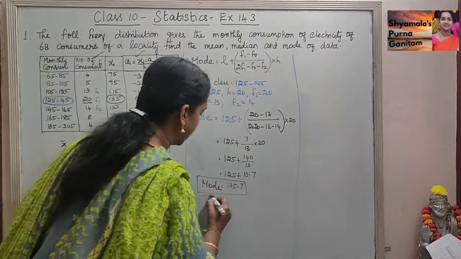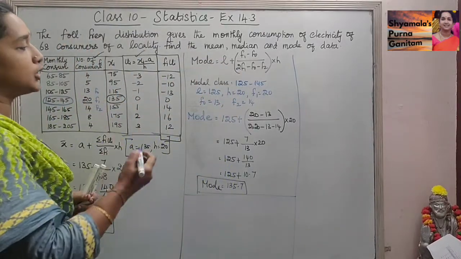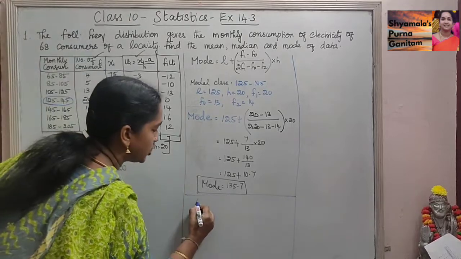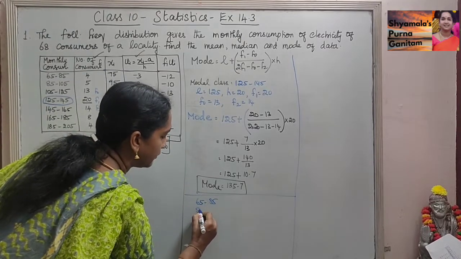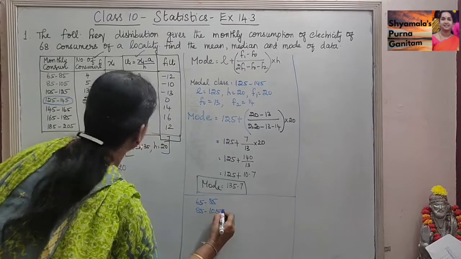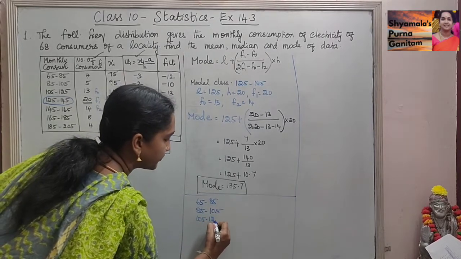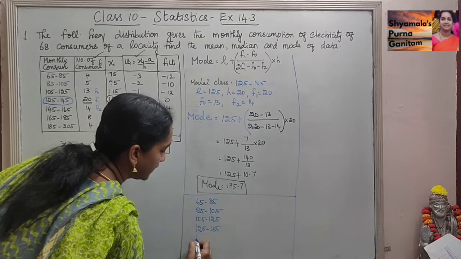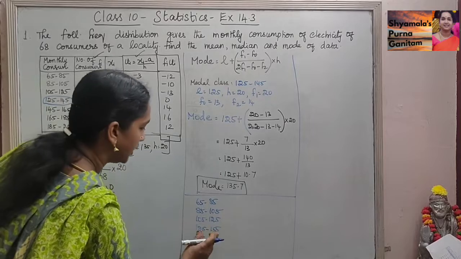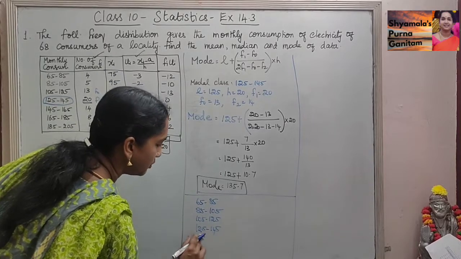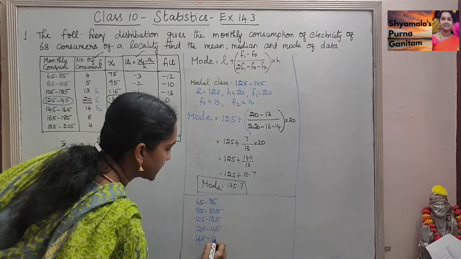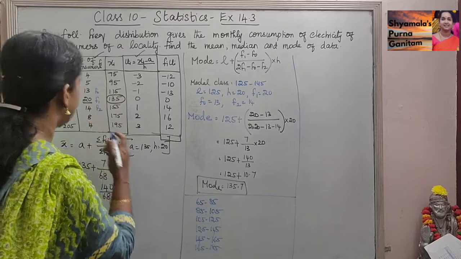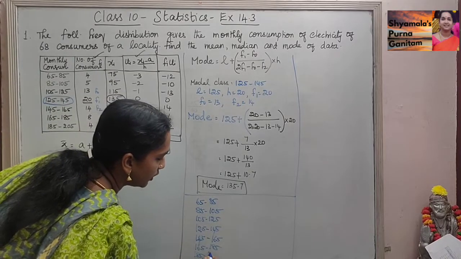Okay. So for calculating median, we need to know the cumulative frequency of the given distribution. So I will write the distribution alone here. 65 to 85, 85 to 105, 105 to 125, then 125 to 145, then 145 to 165, then 165 to 185, then 185 to 205.